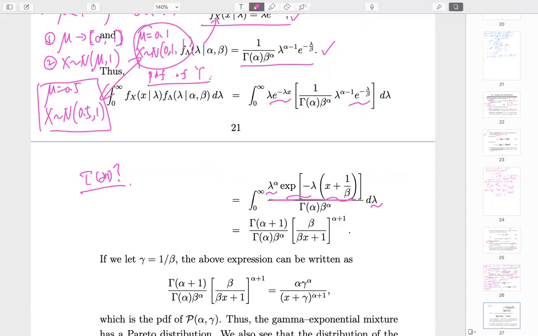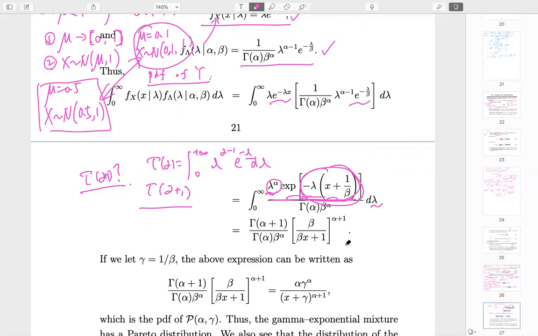You try to connect with this, and you will be able to see the result after some change of variable, because of how we define this. Now you can switch y to lambda. That's why I ask you to consider gamma alpha plus 1, because I have lambda to the alpha. But it's not exactly negative lambda, I have something more complicated. So you need to use another random variable to replace this entire thing, except the negative sign, and then you will get the new gamma function.